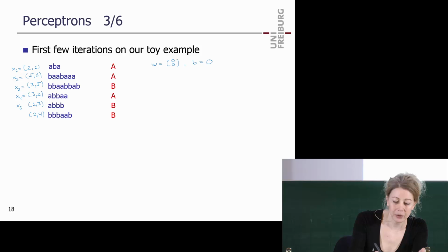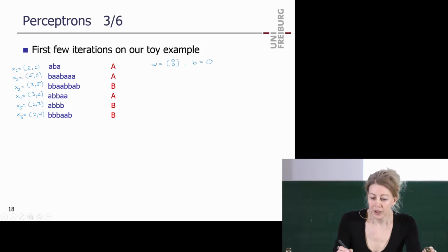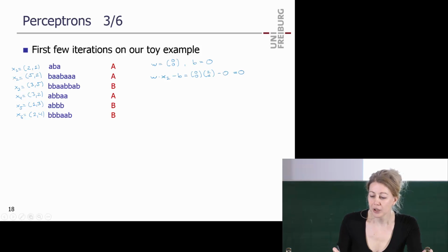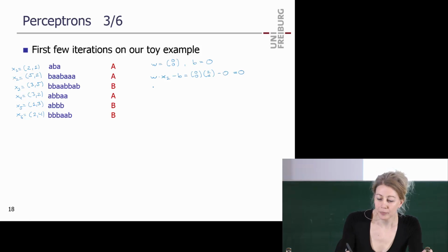I think it always helps to see an example, just to settle any questions about the math. So now I just do w times x1 minus b, which is just 0, 0 times 2, 1 minus 0, which is 0. Let's just do it very explicitly. Which means I do update. When it's 0, I always update, because 0 is undecided.